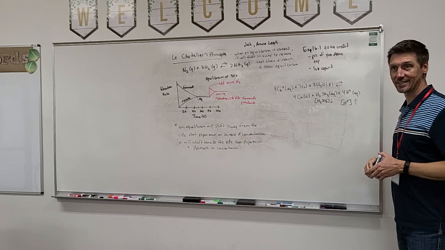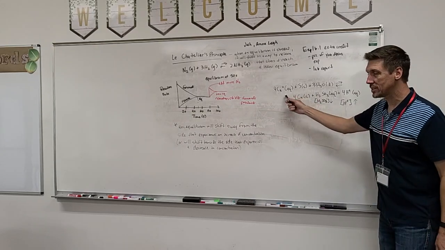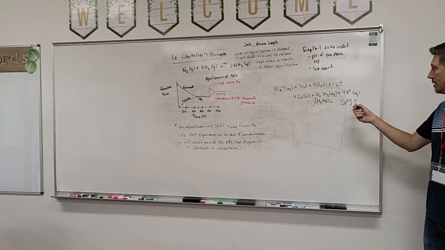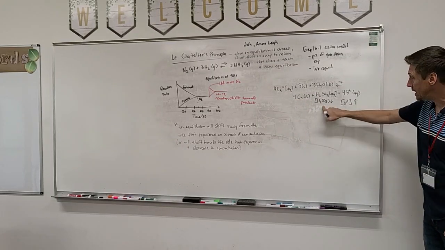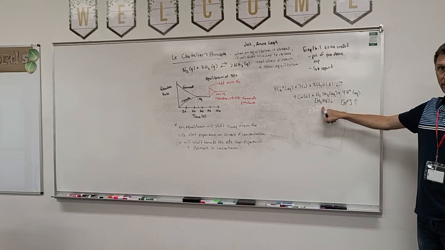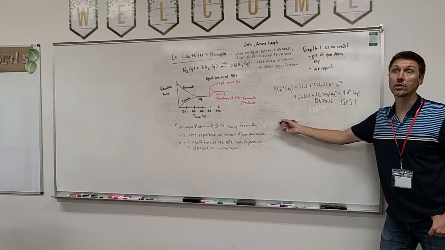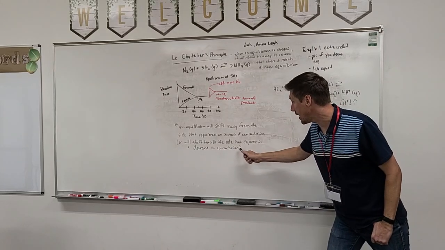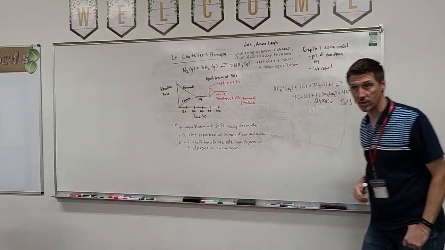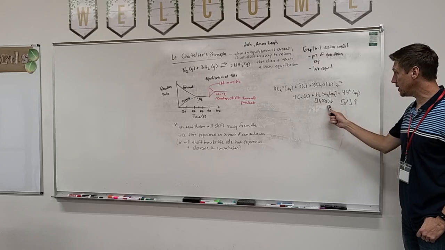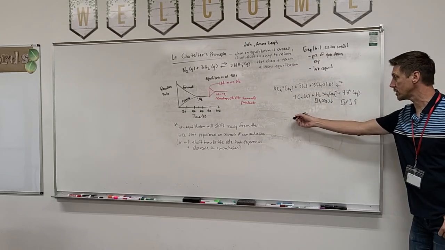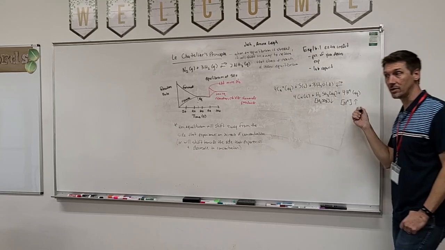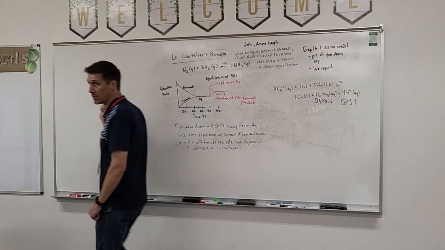We increased the concentration of a reactant, it shifted towards the product, which means this went up. We decreased the concentration of a product, and it shifted towards the products, because it shifts towards the side that experiences a decrease in concentration. So it's going to make more of this stuff. So in this case, H plus increases as well.